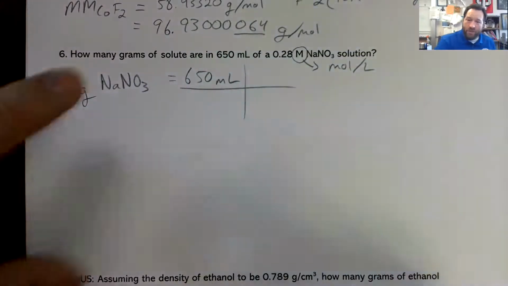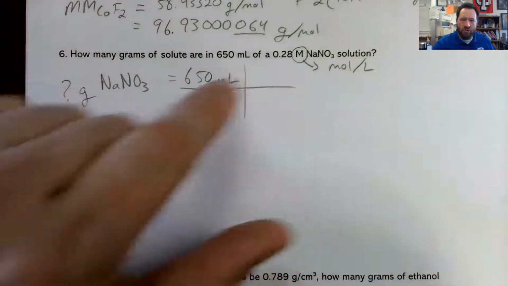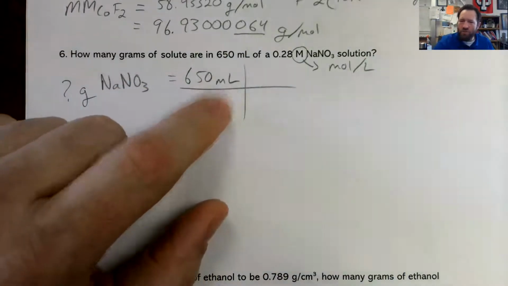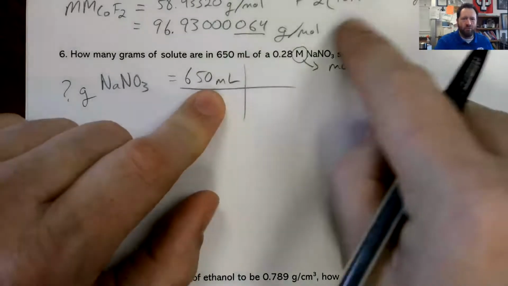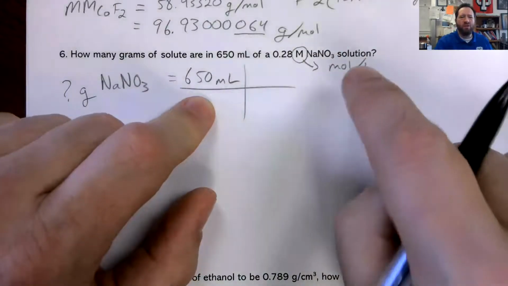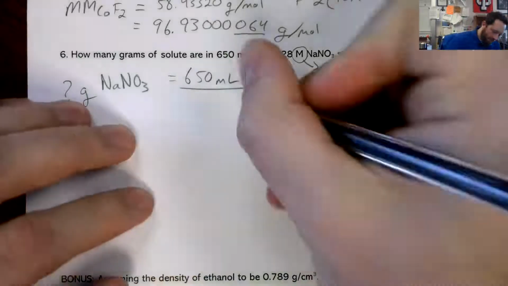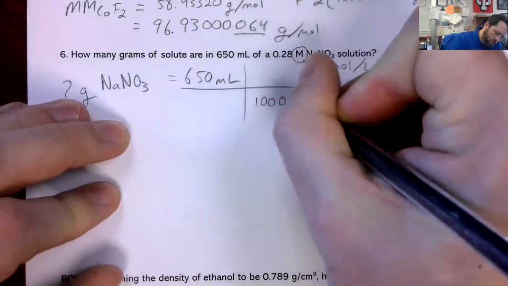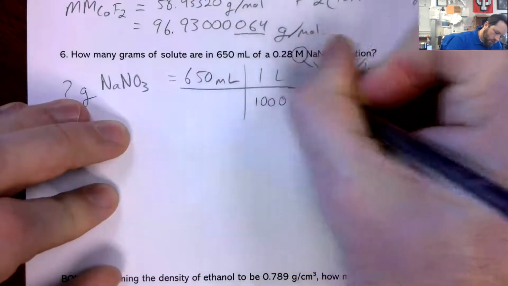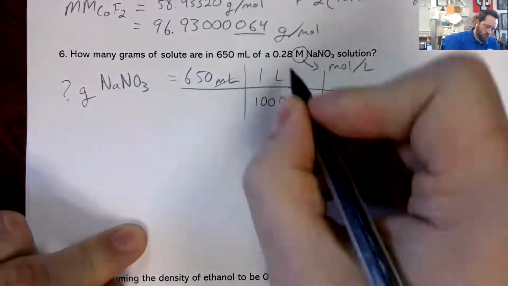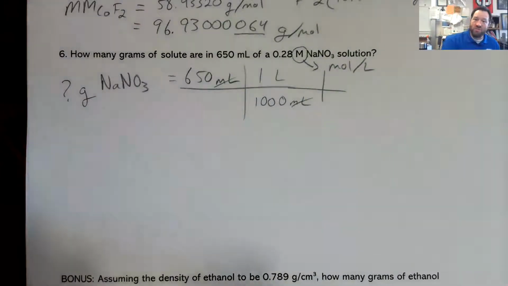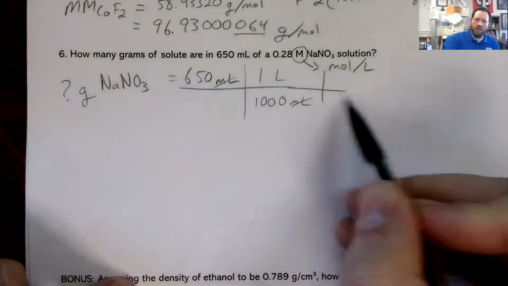So when you're working with percentages, you've got to convert your liters to milliliters. Most of our percentages are out of a milliliter. But when you're working with moles or molar, we need to go to liters. So first step, we're going to have to put 1,000 milliliters on the bottom, 1 liter on the top, and now we have converted from milliliters to liters. Next step, is there a way to get to grams?